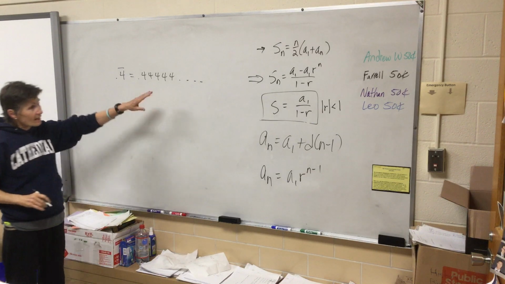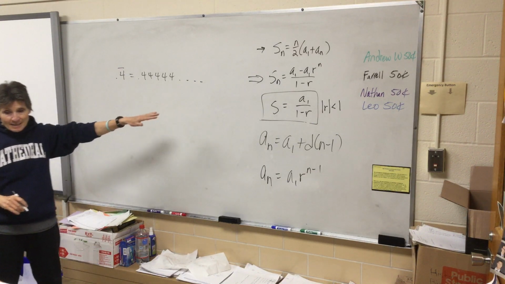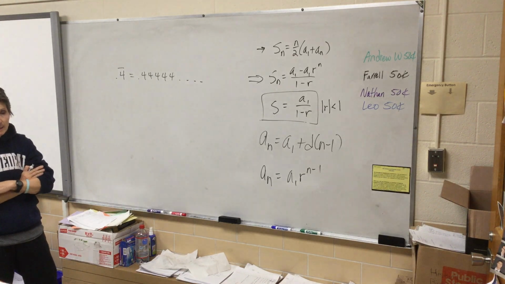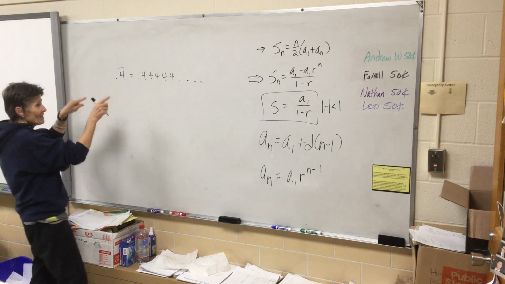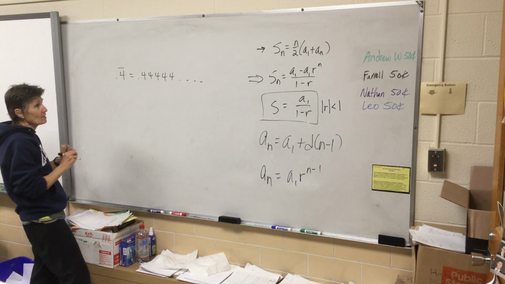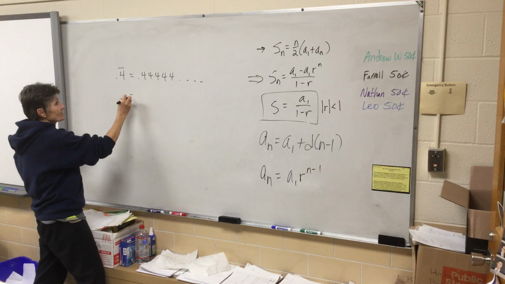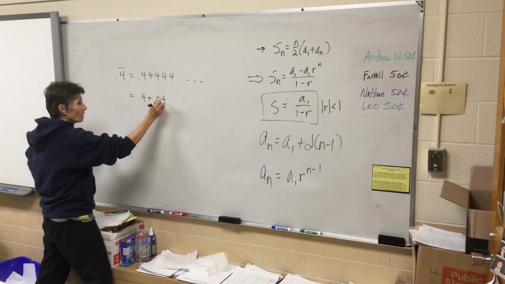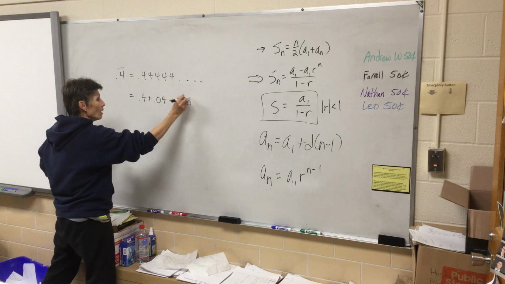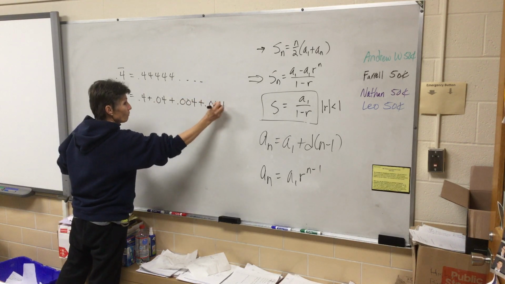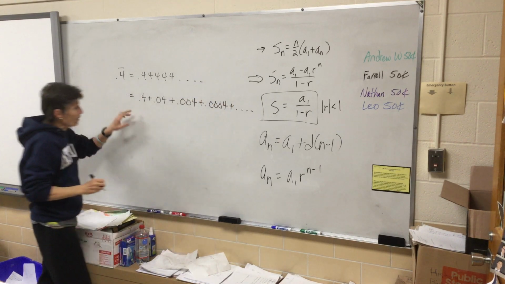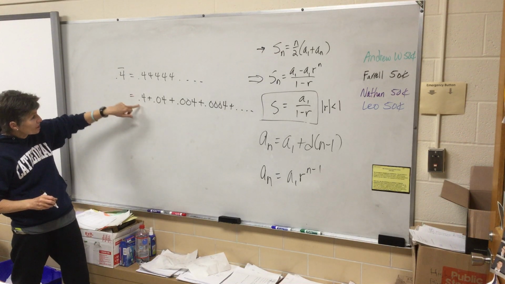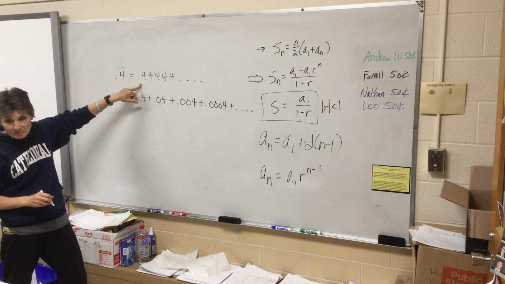See that dot, dot, dot? That reminds me of the problems I just did, the infinite series. And believe it or not, this is an infinite geometric series, because if I break it apart, I'll have 0.4 plus 0.04 plus 0.004 plus 0.0004 and so on forever. Does that make sense to you that it's just another way of writing that repeating decimal?